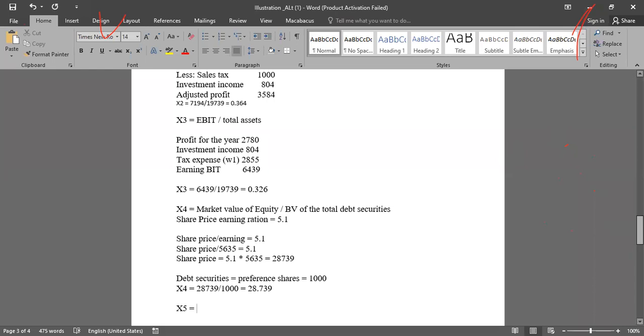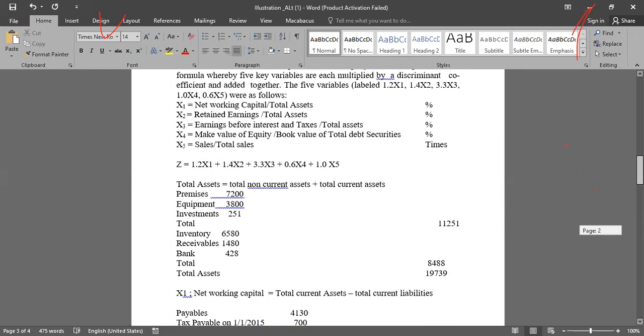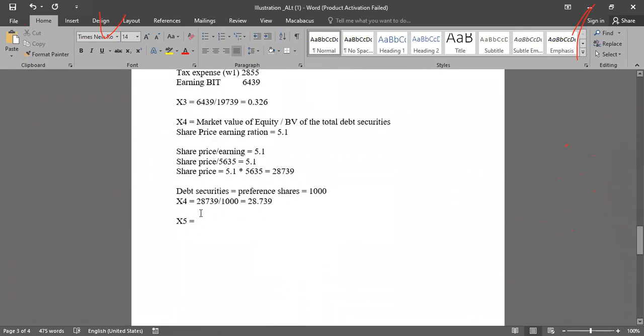it is, I think, sales or turnover over total assets. Okay, sales over total assets. So for sales, we already saw the mistake I made, so we just adjust the figure.